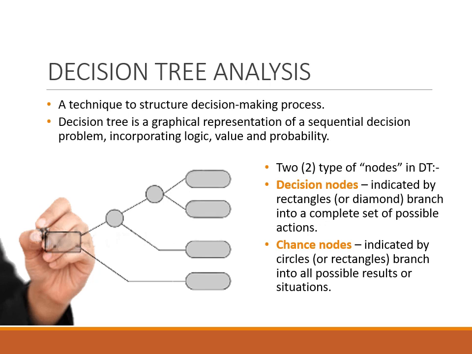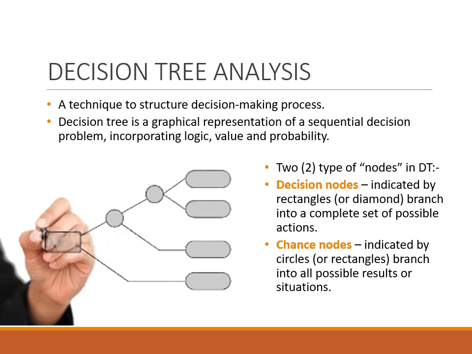First is the decision nodes. The decision nodes are typically indicated by rectangles, but some books use diamonds. So you have a rectangle, and that rectangle will branch into a complete set of possible actions. Like the previous example, it's your food truck, and then you branch into your churros or your takoyaki options.